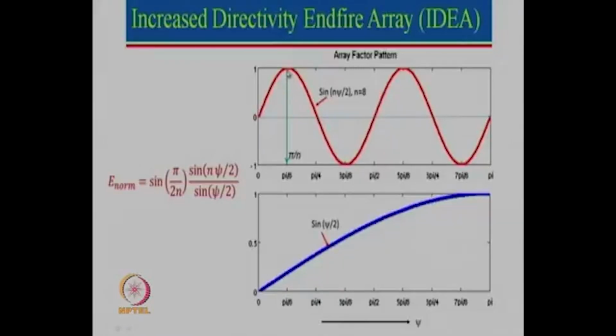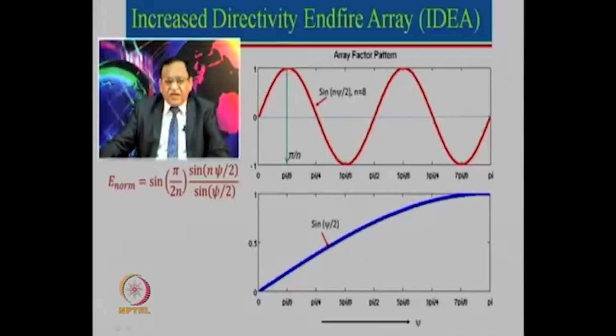At this particular point the beam is maximum, and here the maximum value of the numerator is 1. So, sin(n psi by 2) has a maximum value of 1, and what will be the corresponding value of the denominator? We have to put psi equal to pi by n. If you put psi equal to pi by n, this function becomes sin(pi by 2n). So, this is the maximum value of this particular function.